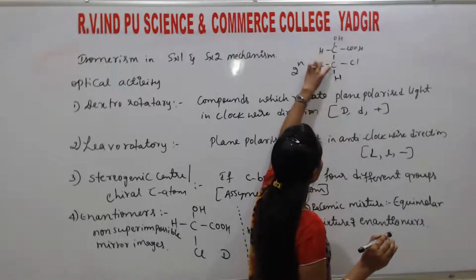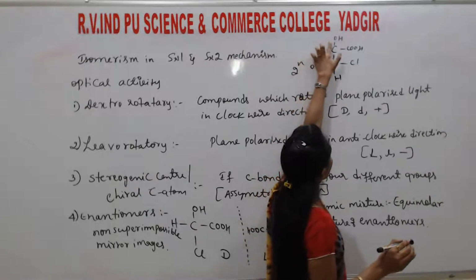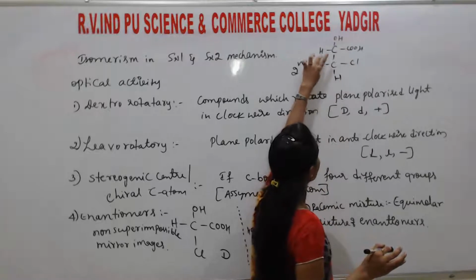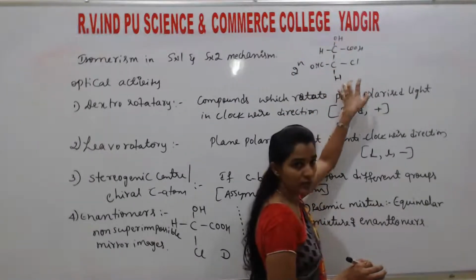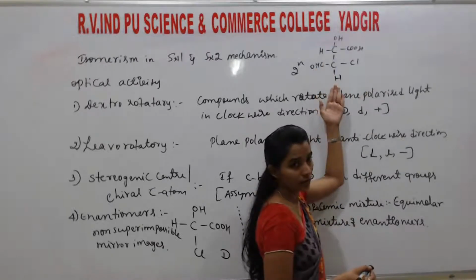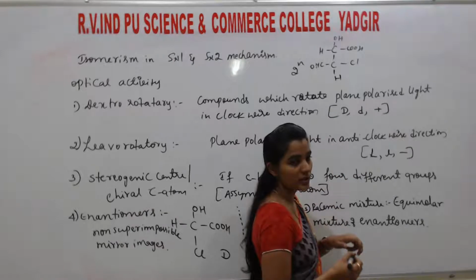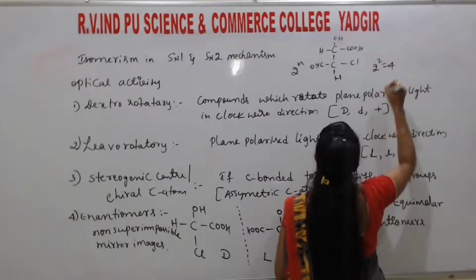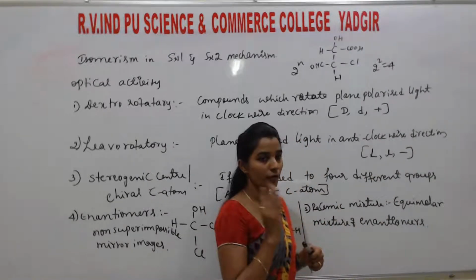This carbon is bonded to a group here, OH here, COH here. All 4 are different. So this carbon is bonded to this complete molecule, CH4, Cl and H. Then both are asymmetric. That means two chiral carbon atoms are there. Then how many isomers can form? 2 to the power of 2, that is 4. If you write the isomers, the possibility is 4.